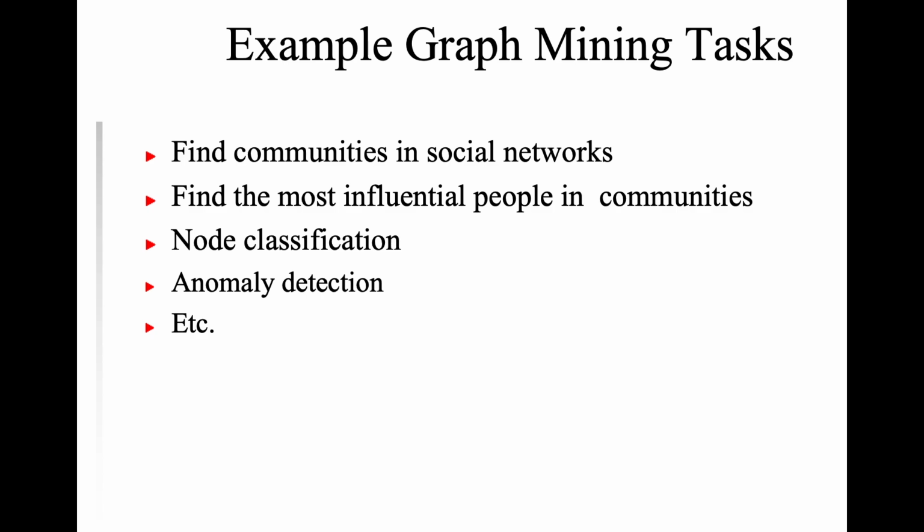Finding influential people can also be very useful in e-commerce and in all businesses. Node classification is used for anomaly detection, or for example for fake news detection.